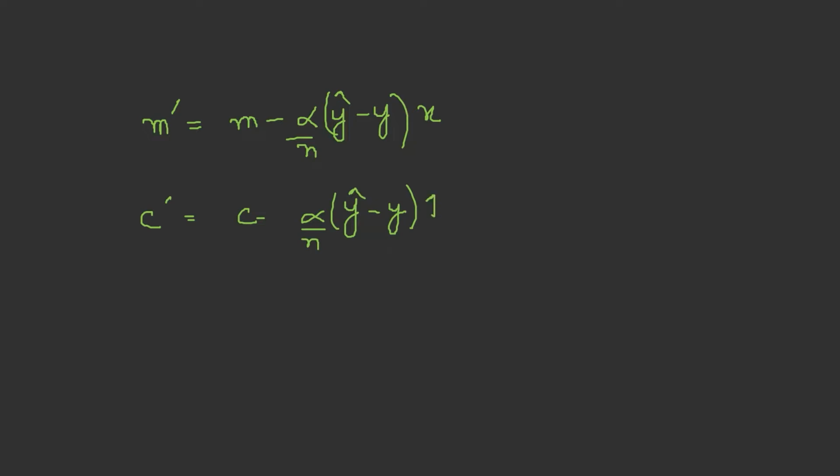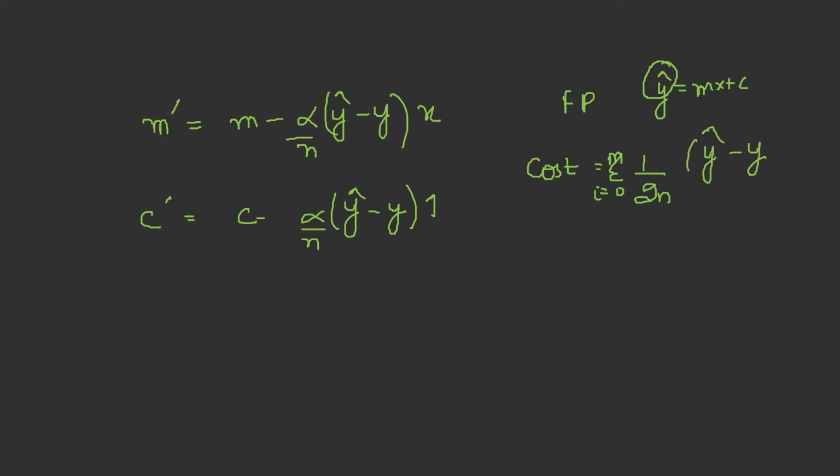Okay, so what happens is, basically we have forward propagation where we solve y predicted equals mx plus c, right? Then after finding this y predicted value, we compare it with the actual value and we find the cost, which is equal to summation i equals 0 to n, that is the total number of points, 1 by 2n, (y predicted minus y) raised to the power 2.